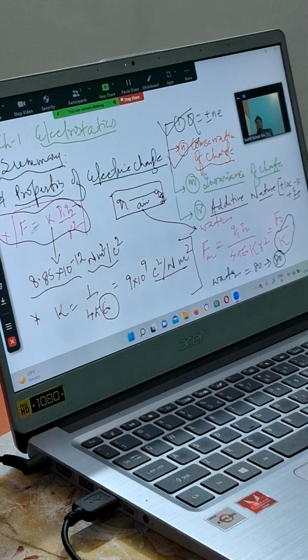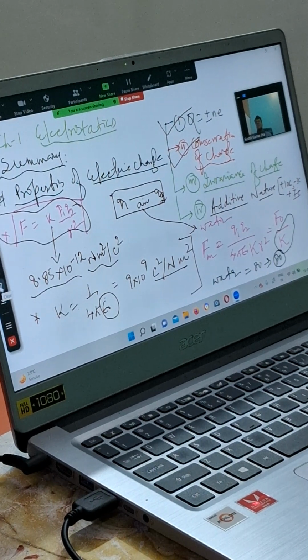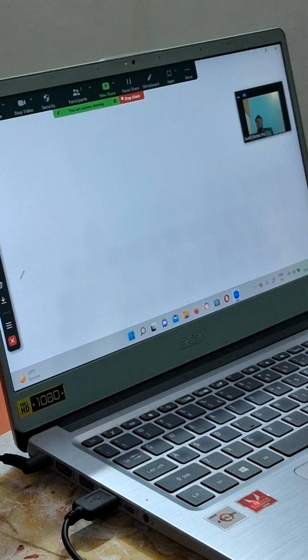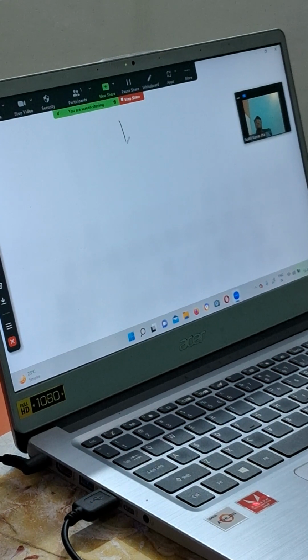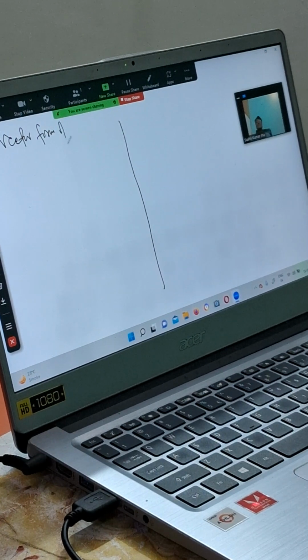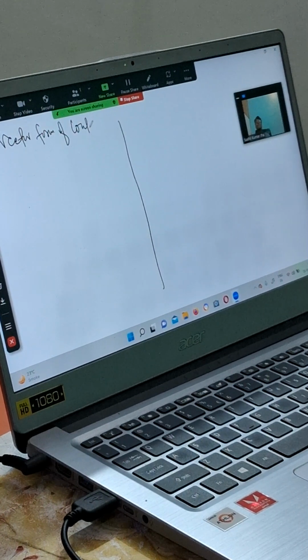So we are talking about Coulomb's law. Sometimes we need to write the same Coulomb's law in different forms. The first form is called the vector form of Coulomb's law.